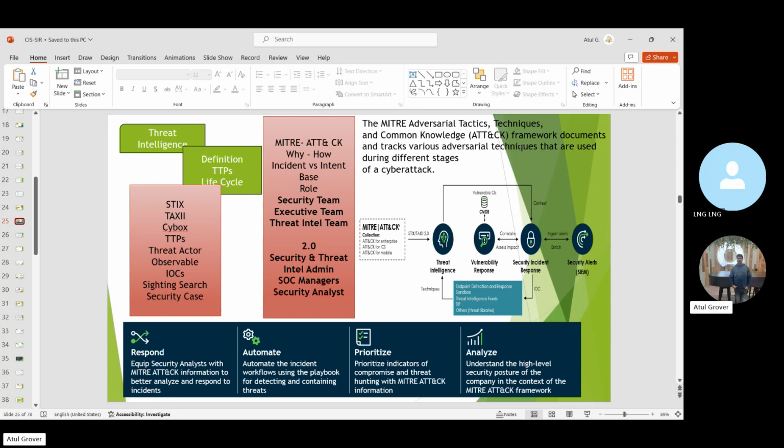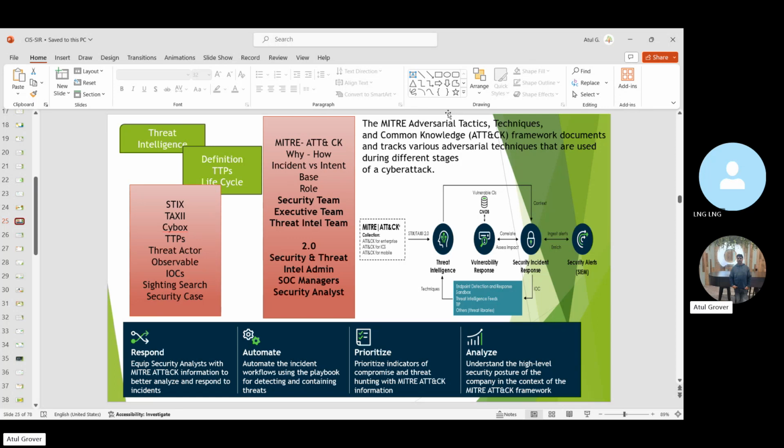Let's understand in simple layman language. Like we have an observable, we have an IOC, we have a threat. In the same manner, to deal with these we have a TTP, right? Techniques and procedures. In the same manner, we have something to work on those as well.